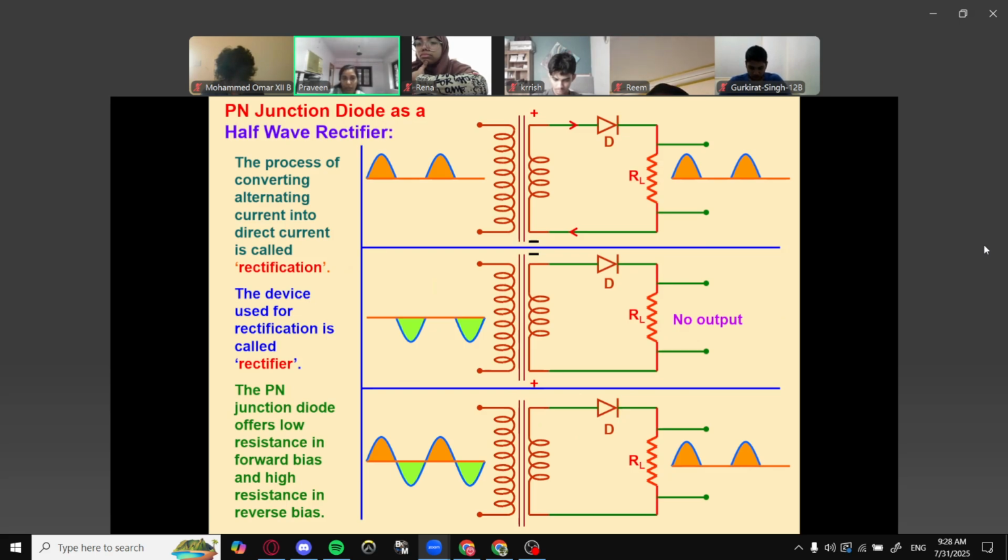So here we are utilizing the features of the PN junction diode as a unidirectional current device, in order to use it as a rectifier. Just write down what you meant by rectification. Then we will start to discuss how rectification happens in a half wave rectifier.